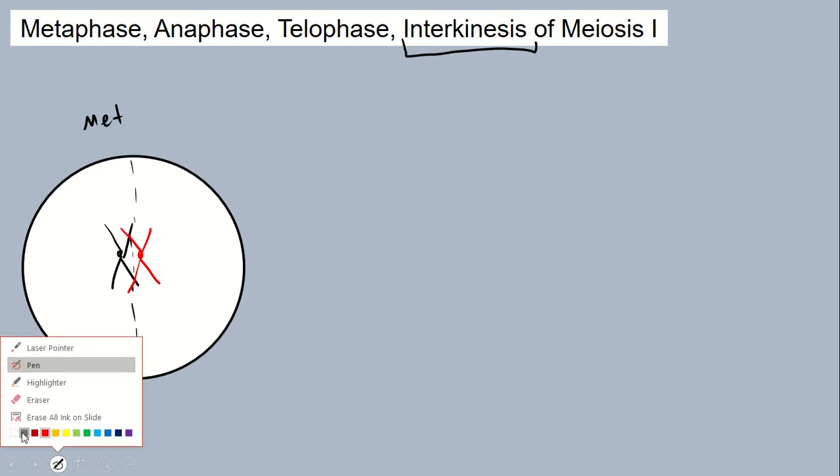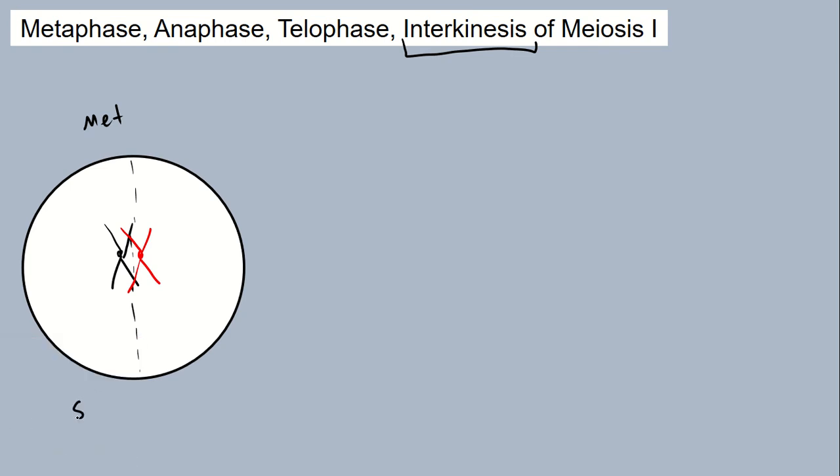At this point in metaphase, the synaptonemal complex is dissolved, but these 2 chromosomes are still attached at the chiasmata, those structures that still exist at the crossover points. So they're still held together at those chiasmata while these homologous pairs are aligning along that metaphase plate.